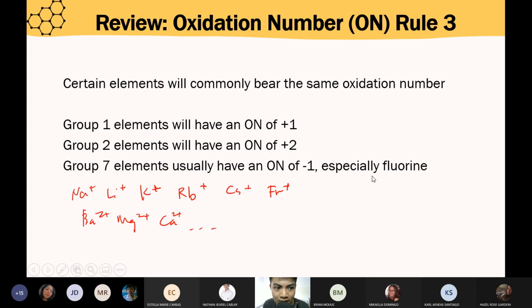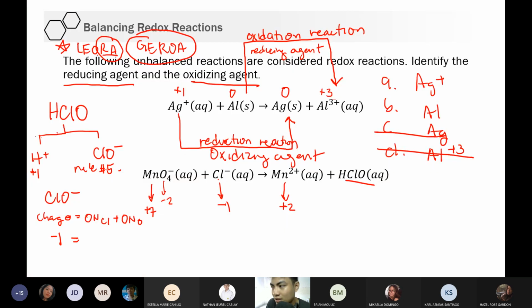Kasi siya yung masunurin talaga. Okay. So, ayan. So, that means yung chlorine, pwedeng hindi siya sumunod sa rule na to. Okay. So, emphasize ko lang yan. Kaya yun nilagay dyan sa PowerPoint. Okay. Especially fluorine because sometimes other group 7 elements do not follow this.